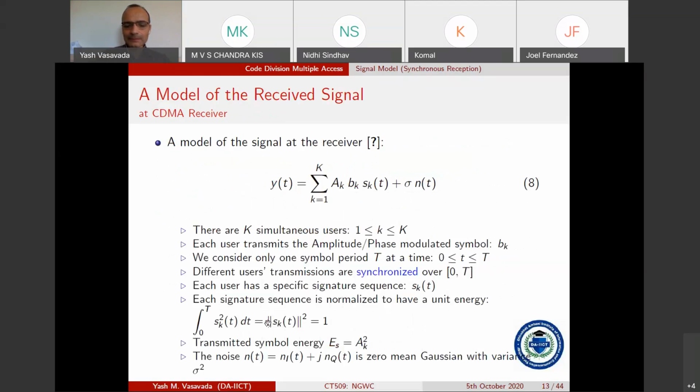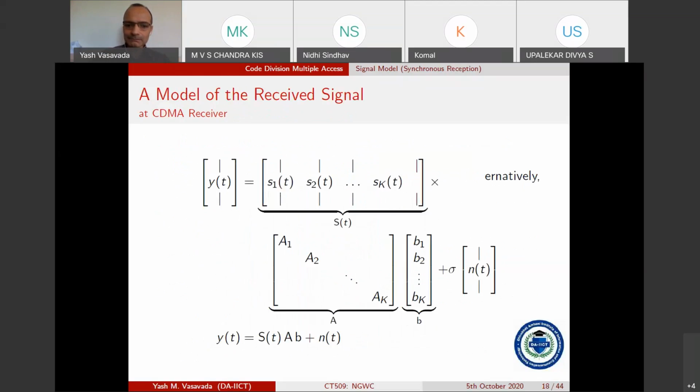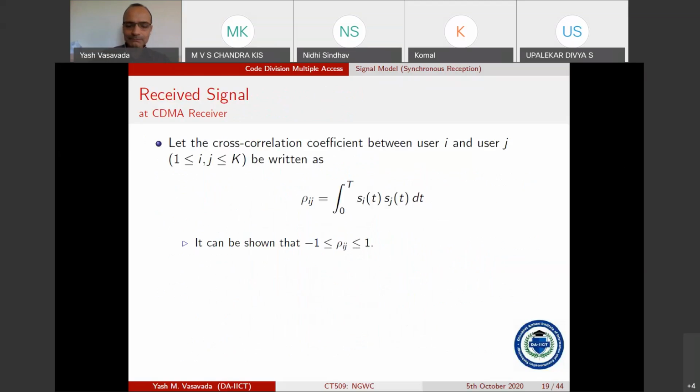So can I try? Yes. Whenever we are finding out energy, we are finding out the autocorrelation. So that is the energy of the signature sequence.